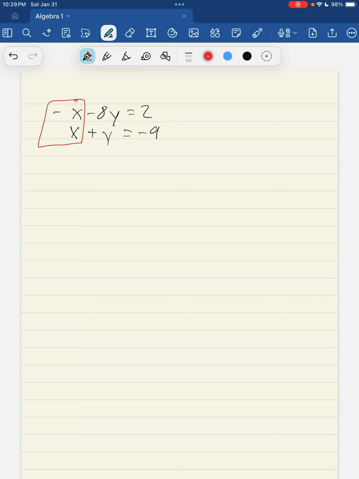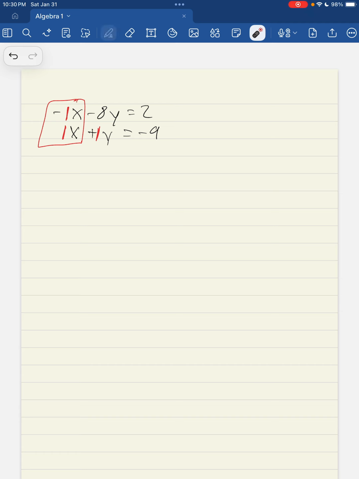Oh, I forgot one thing. Whenever you have a variable by itself in these, put a 1 before it. That'll help your brain because you're going to be operating with these variables. And we can see we've got a 1x and a 1x. Those match. The variables have the same number in front. Again, signs are different. That's okay. The y's are definitely different, so our match is our x.